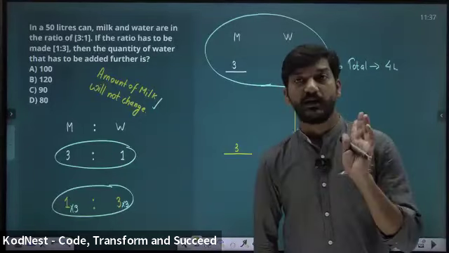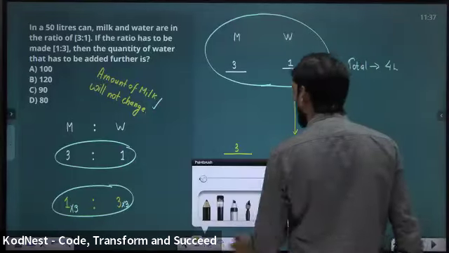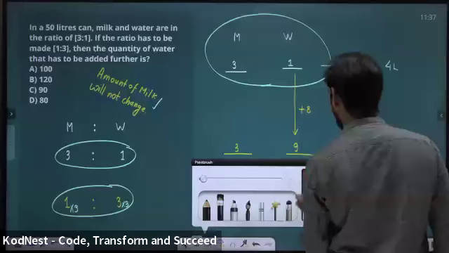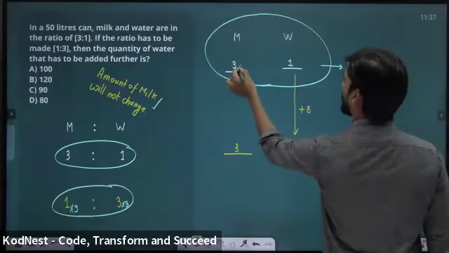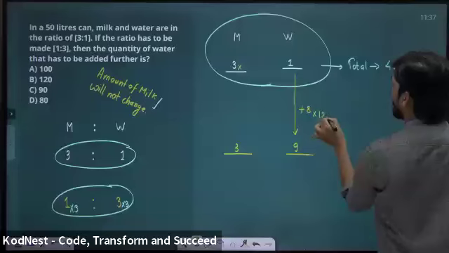So my dear, now I want 50 liters there, not 4. So for that, I need to multiply everything with 12.5. 12.5 will give you 50 liters. So everywhere 12.5.